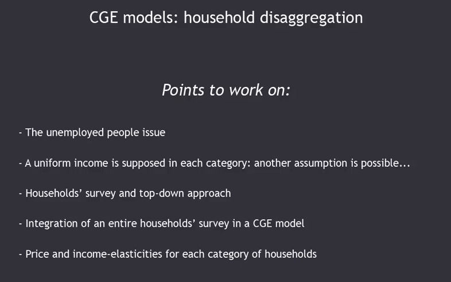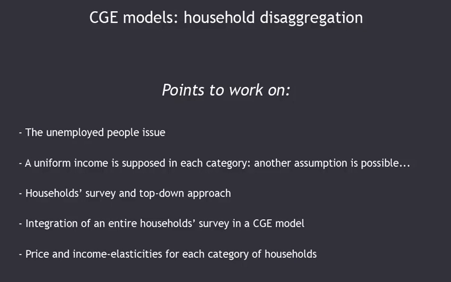So some economists fully integrate the household survey into the model. So if the survey covers 100,000 households, they put 100,000 different households into the model, and they model the behavior of these 100,000 households in terms of consumption and savings. So it's a very big model with many equations.